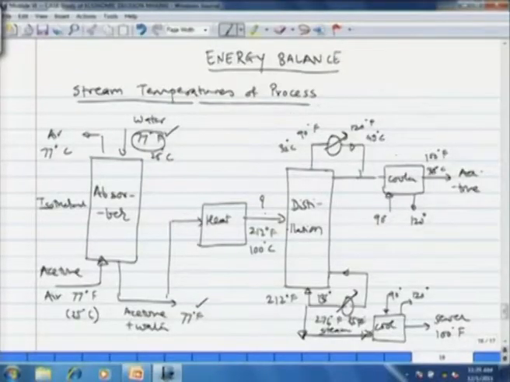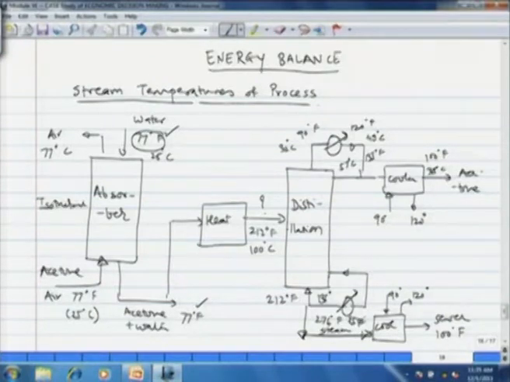So, the dew point of that particular mixture is going to be very close to the condensation temperature of acetone, and therefore, we assume that the acetone that comes out of the condenser of the distillation column is about 135 degrees Fahrenheit or 57 degrees centigrade, which is the condensation temperature of acetone.